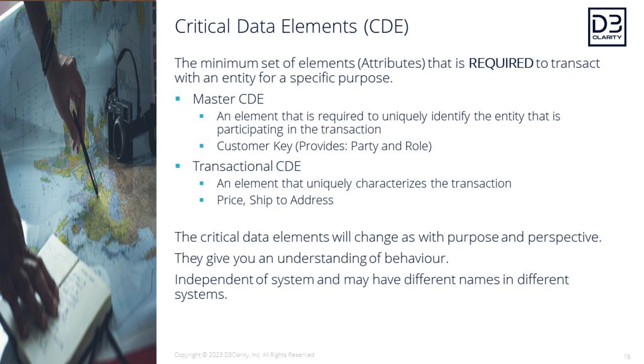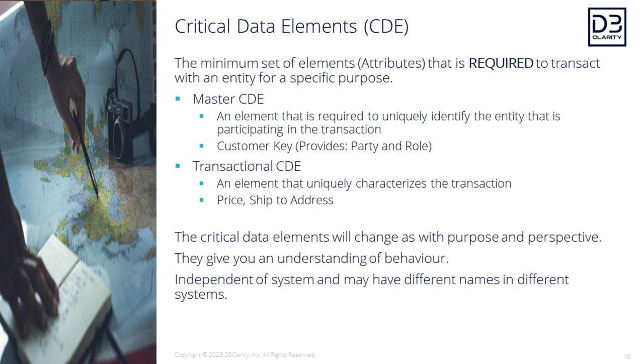That means that it's any element that is needed to truly identify either the thing that you're transacting with or the transaction itself. So often we break that down into master critical data elements, which are things that describe the entity, a customer, a person, an object, a product, a thing, and the transaction itself.